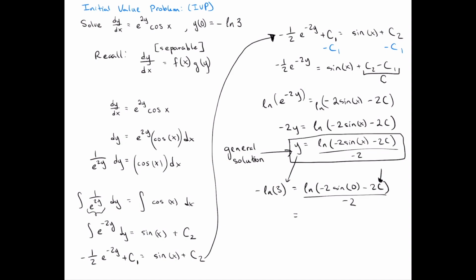We will solve for that by first multiplying negative 2 on both sides. We get 2 ln 3 on the left, and on the right ln of negative 2 times the sine of 0. The sine of 0 is equal to 0, so this whole term is 0 minus negative 2c.